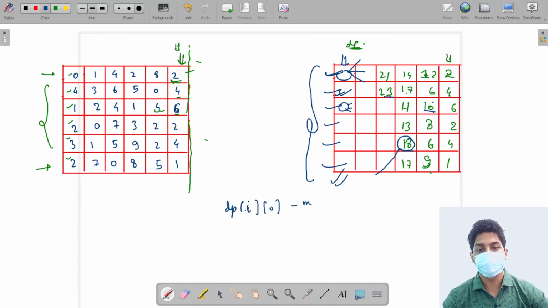Maximum gold if we start from the ith row and 0th column. So we can simply take the maximum of the first column, and that will be our answer, because we are asked to find the maximum gold that we can collect if we start from the first column, and that is what is stored over here.